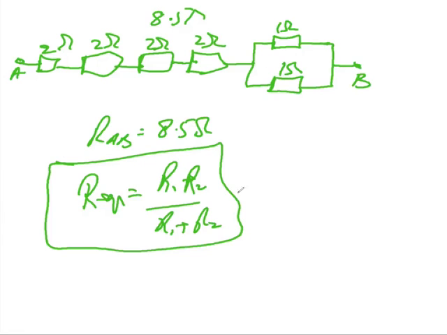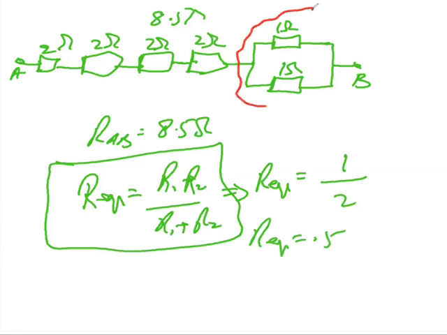In this case R1 R2 is 1 ohm, divided by 1 plus 1 is 2, so that will be equal to 0.5. It means this portion will give you 0.5 ohm resistance.